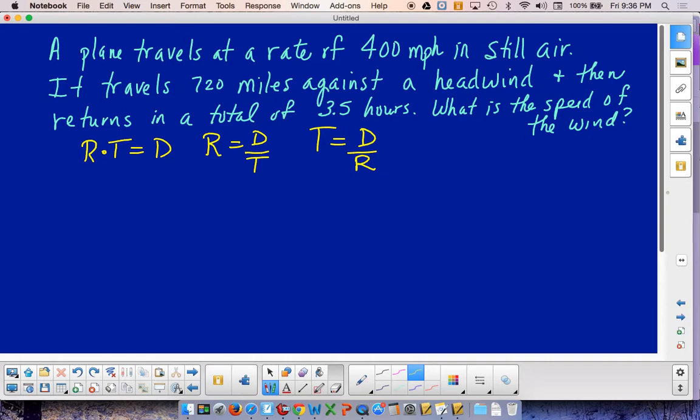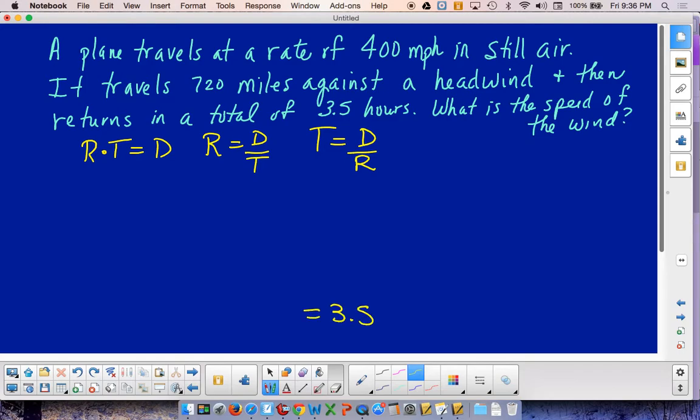Since it did two different things, we have to know what relates it. Well, we know that it was going 400 miles an hour plus whatever the wind is, and 400 miles an hour minus the wind. It went 720 miles both ways, but the key thing that relates it, it said it's a total of 3.5 hours. So when we get this set up, we know that the time has to add up to a total of 3.5 hours.